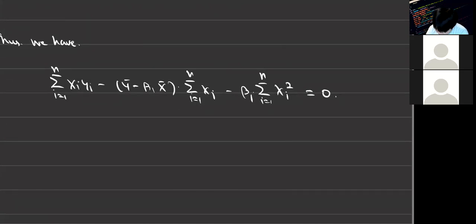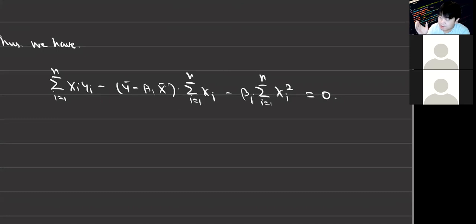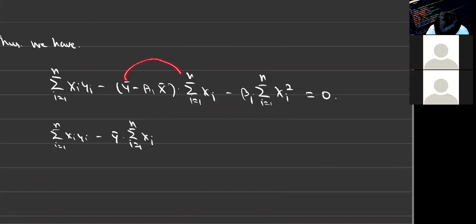So the rest is essentially just to open up the parentheses, rearrange a little bit, see if we can derive something that looks pretty, right? So let's try that. Okay, I don't like the parentheses. I'm going to try to open this up. This is summation i from 1 to n xi yi. Okay, so open the parentheses. The first thing is what? y bar. So y bar times summation i from 1 to n xi. All right, so that's the first thing.